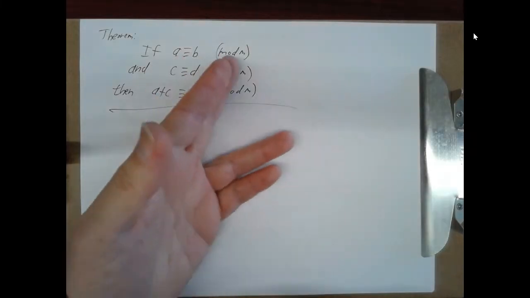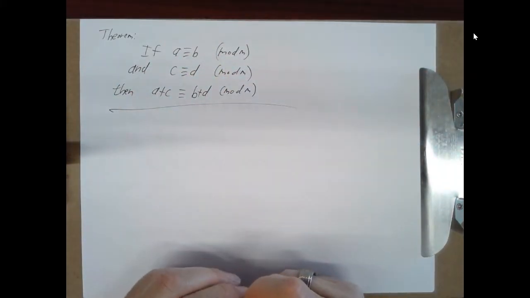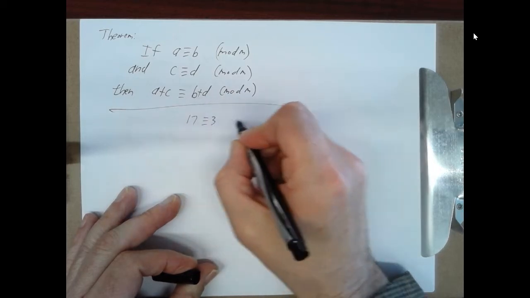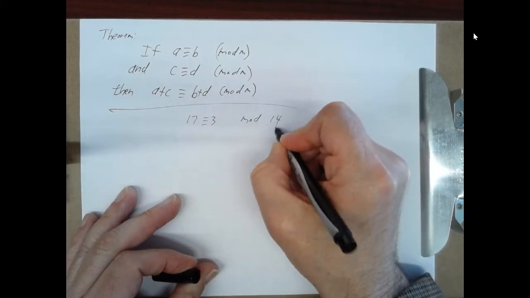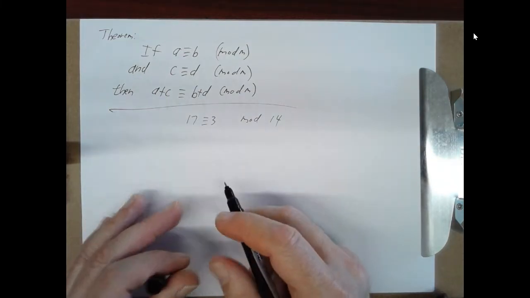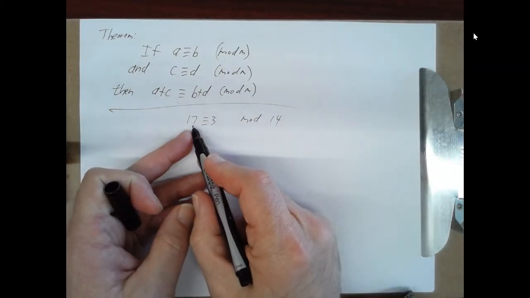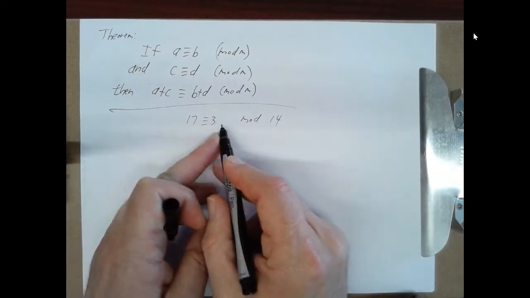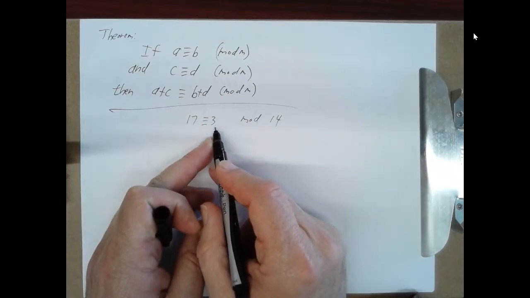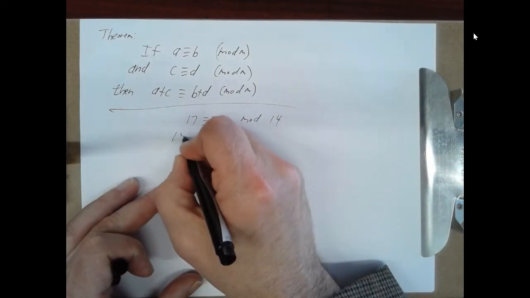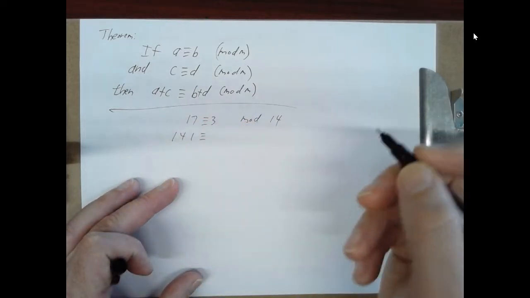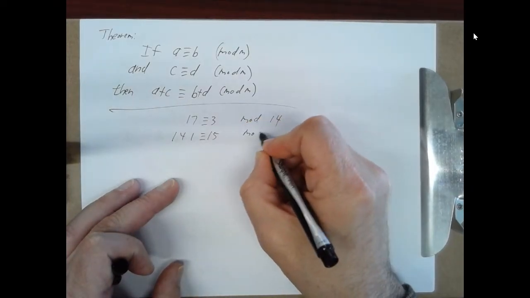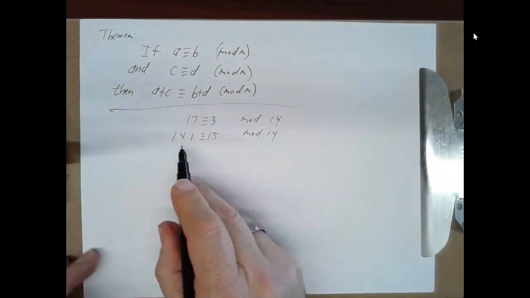So congruence is always talked about relative to some modulo, right? So for example, 17 is congruent to 3 mod 14, right? Which says that if you divide this by 14, you get the same remainder as if you divide this by 14. It also says the difference of these two is a multiple of 14. And 141 is congruent to 15 modulo 14, because this is one more than a multiple of 14.